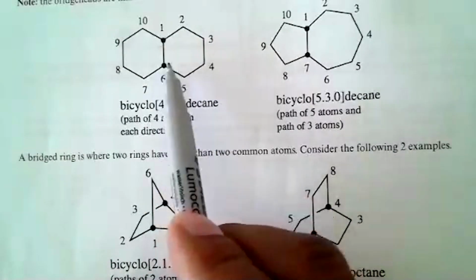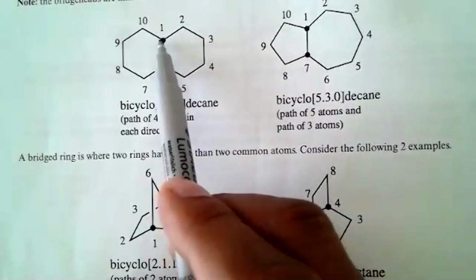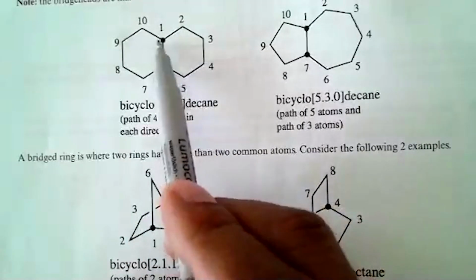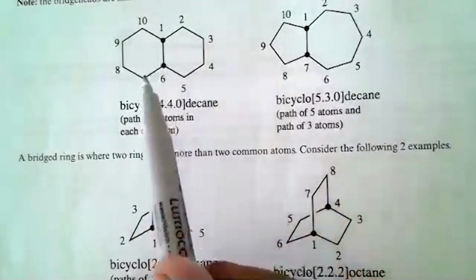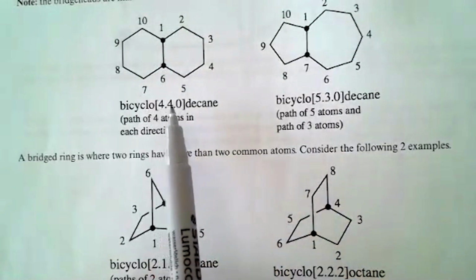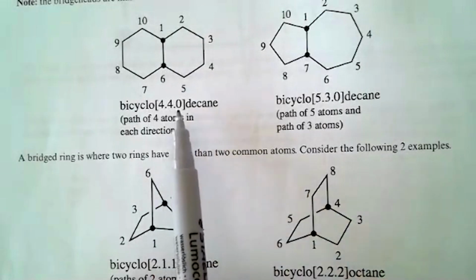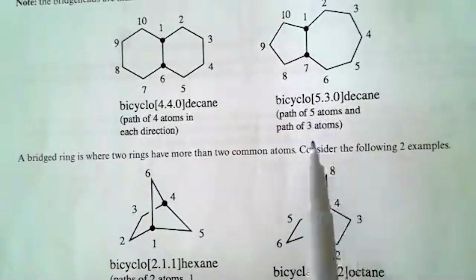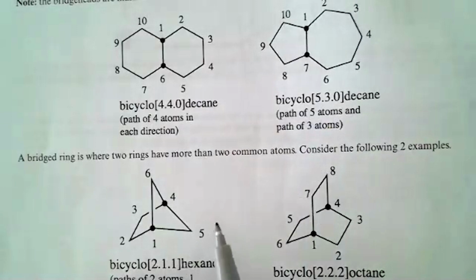To get from here to here, there are 3 ways. You can get here this way, you can get here this way, and you can get here straight. So the rule is you take the biggest number first, then the second, which happens to be both the same, and then the smallest number last. So you do it in that order. That's why it always has the biggest number first and smallest number last.